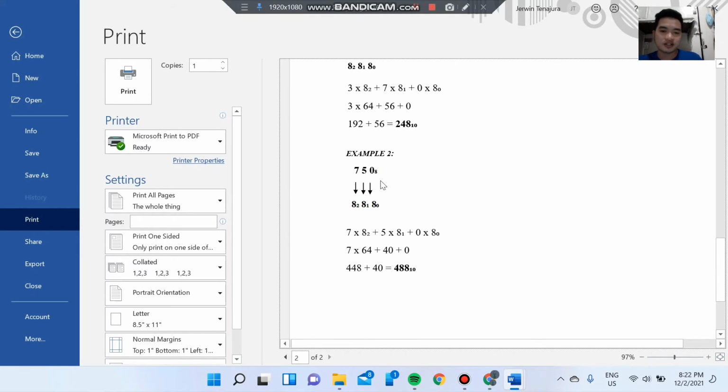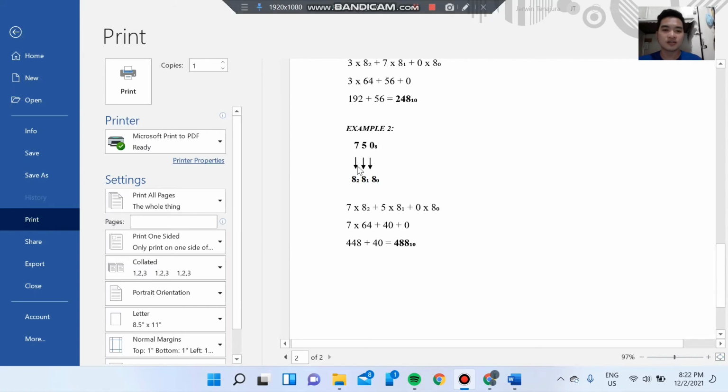Okay, example number 2, 750. Same procedure, same formula, 8 to the 0, 8 to the 1, and 8 squared. So we need to put here and multiply these numbers. 7 multiplied by 8 squared, 5 multiplied by 8 to the 1, and 0 multiplied by 8 to the 0.